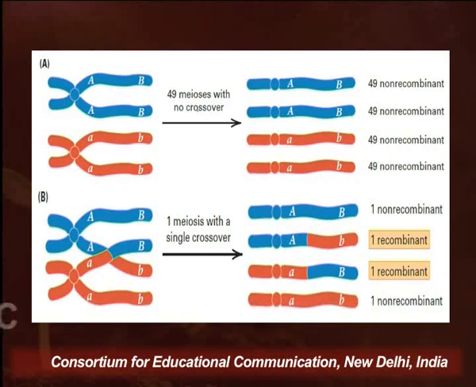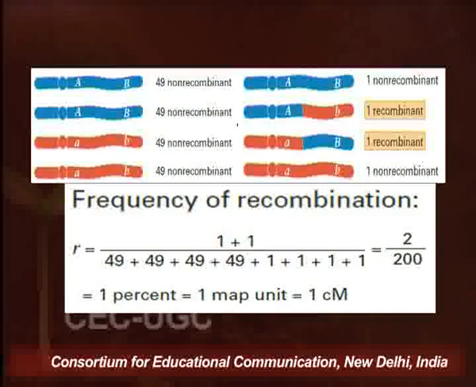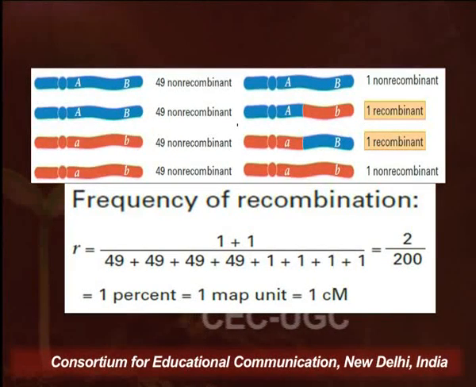Why are we stressing this statistic time and again? We have to be sure what is the percentage of crossing over and what is the percentage of recombination. They may sometimes be different, and many times they could be the same. To give you a calculation, the frequency of recombination would be the number 2 out of the total of 200, which comes to 1%.